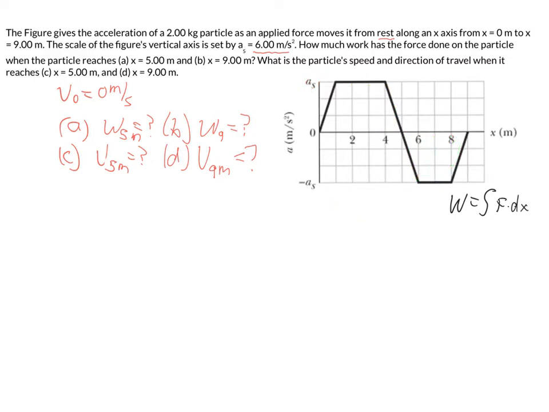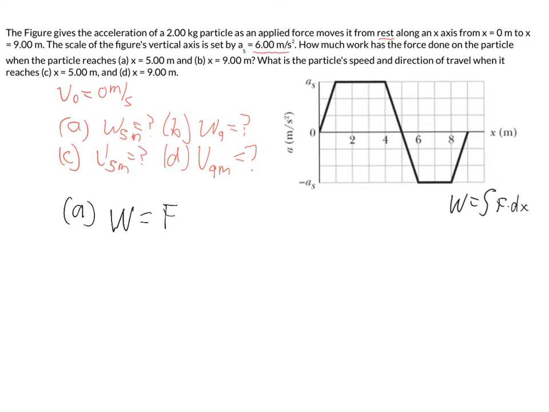Okay, so let's go ahead and jump in getting started. So let's start with part A. We want the work done in the first 5 meters. So work is going to be equal to the area under the curve. But this is acceleration and displacement, right?